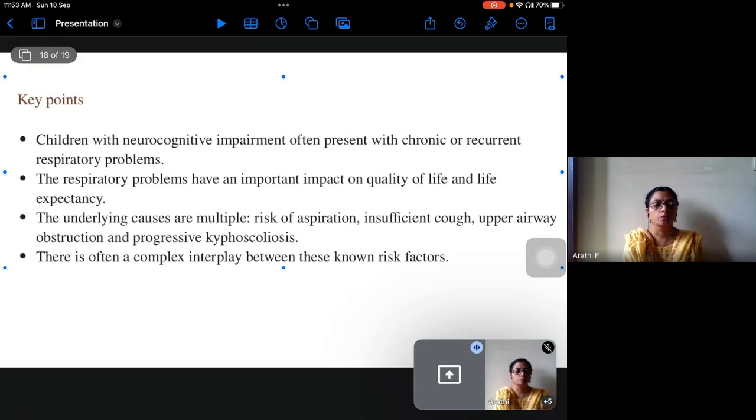This I am telling from a neurocognitive perspective, but normally also we come across all these problems. Anybody with neurocognitive issues. What is aspiration? Anybody knows what is aspiration?